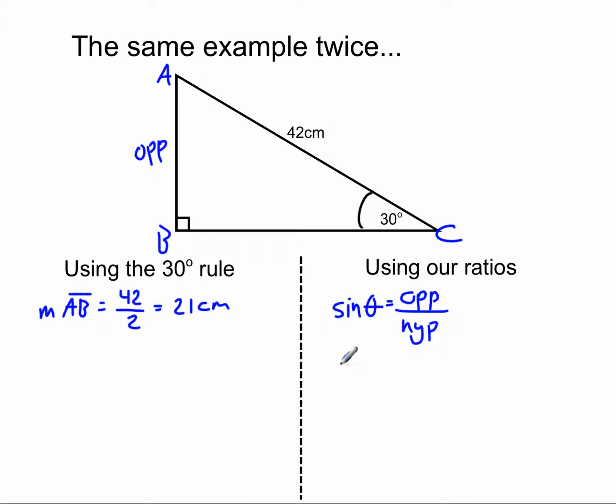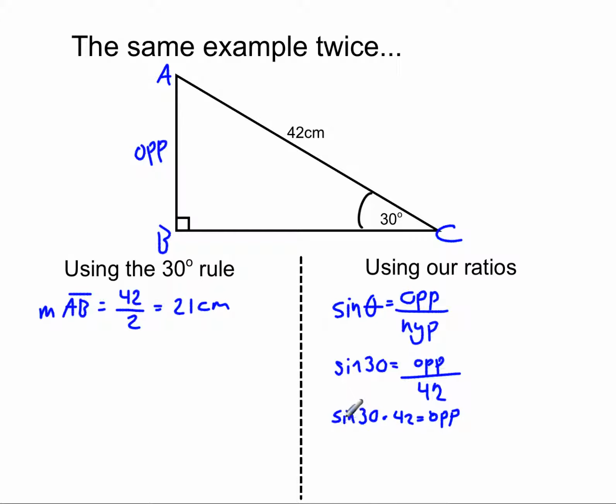So we could put in our values. The sine of 30 is equal to our unknown, opposite, over our hypotenuse, which in this case is 42. And we're going to find, once we multiply both sides by 42, sine of 30 multiplied by 42 is going to equal our opposite side.